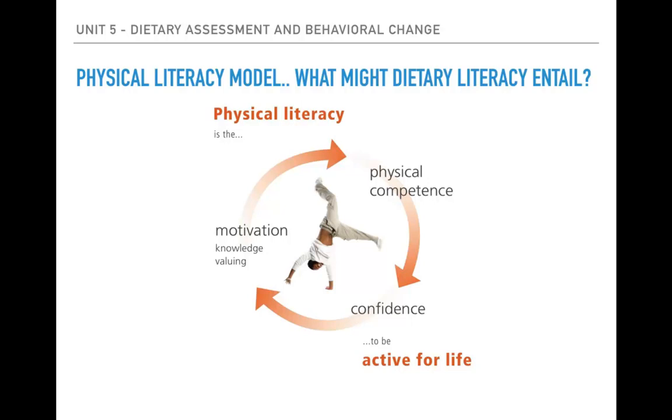The third component is motivation, which includes how much the individual understands the importance of physical activity and how much they value it in their life. And these all go hand in hand. With improved physical ability comes greater confidence and greater motivation to continue doing it. And you can start at any one of these and improve all of the others.